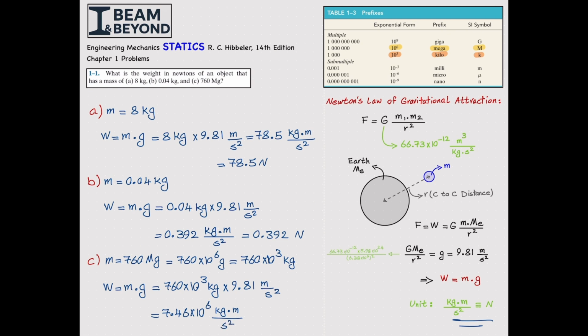Based on Table 1-3, 10 to the power of 6 is mega and kilogram meter per second squared is newton. So this gives us 7.46 meganewtons. This is our answer for part A, part B, and part C.